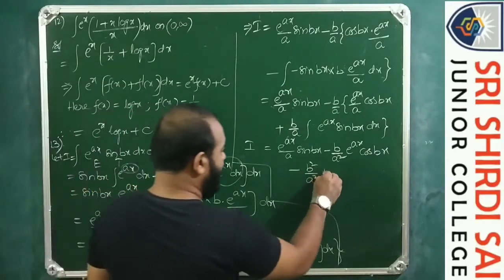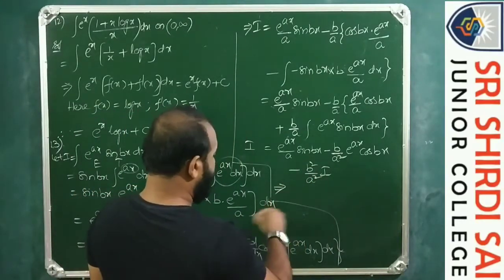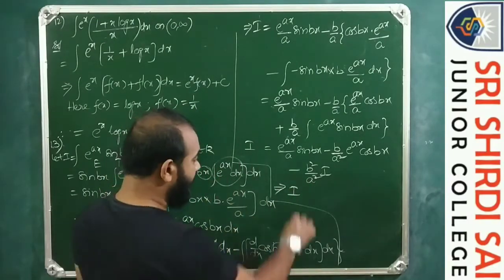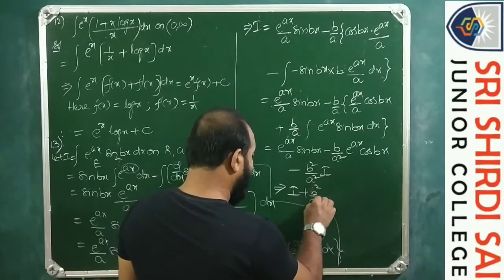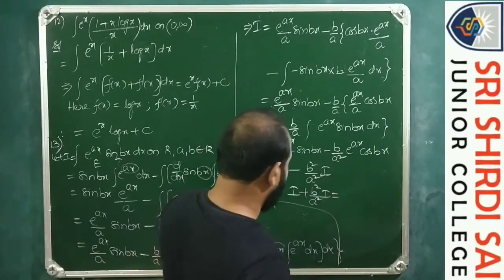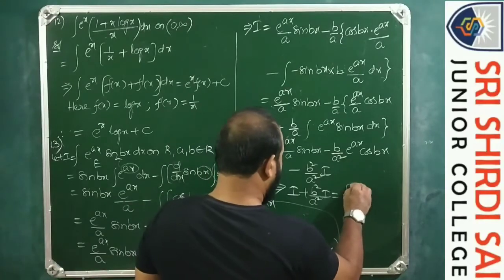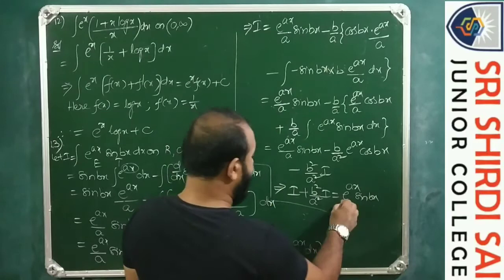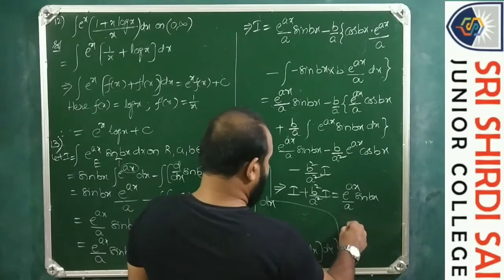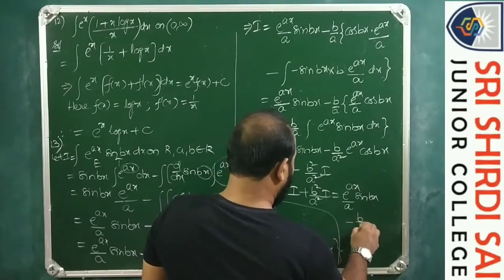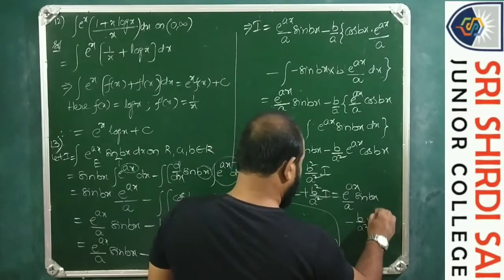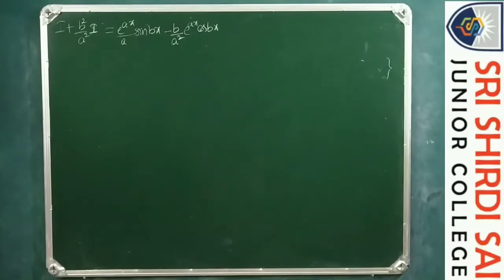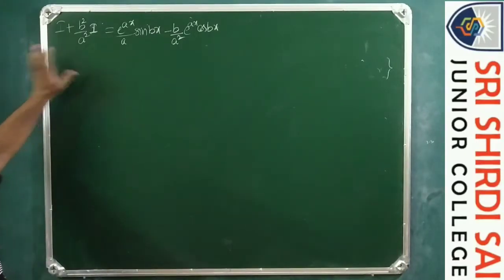So this term, taken to this side, is plus b square by a square into I, equals e power ax into sin bx by a minus b by a square into e power ax into cos bx. So this is what we have got.